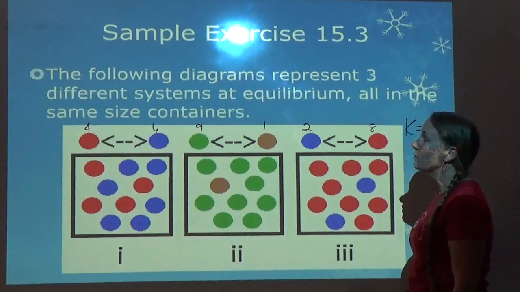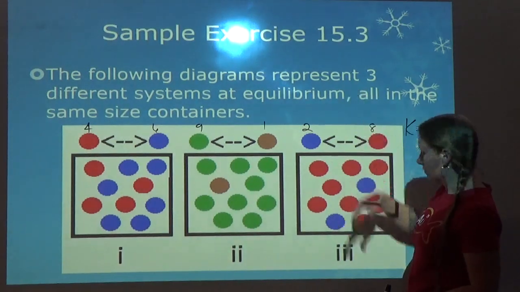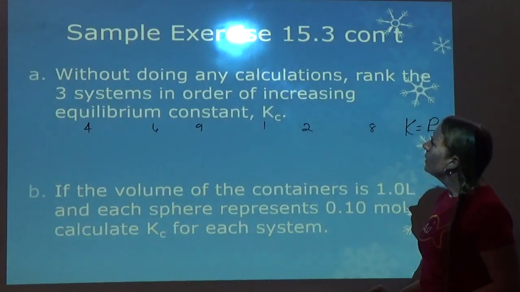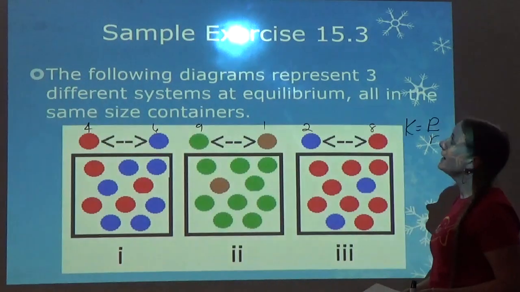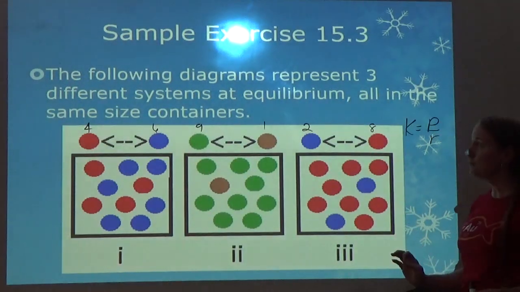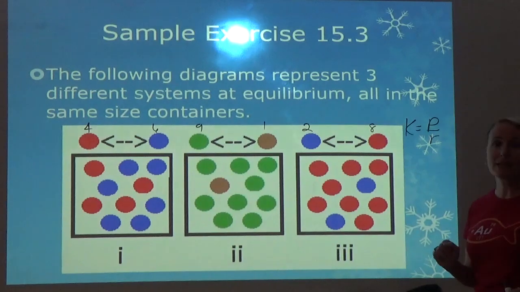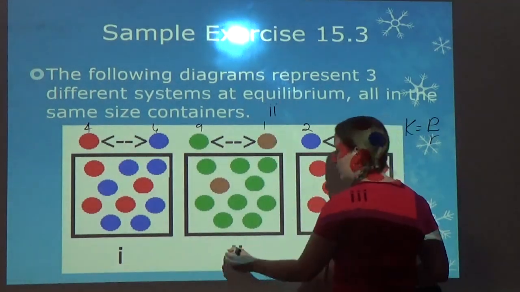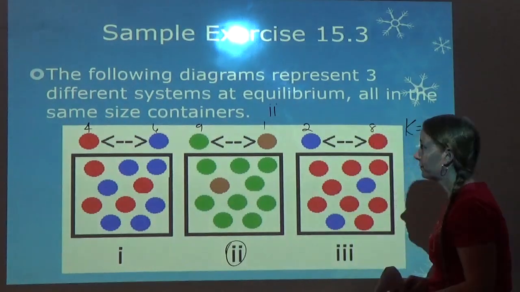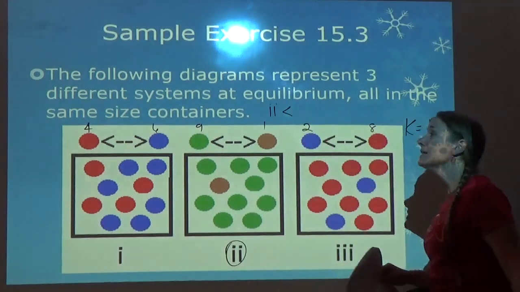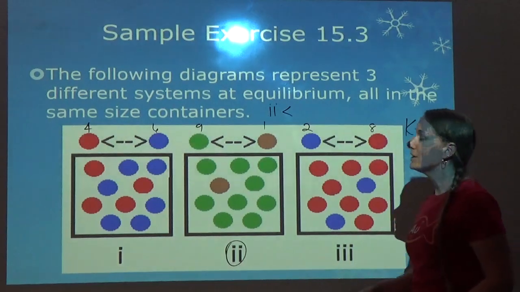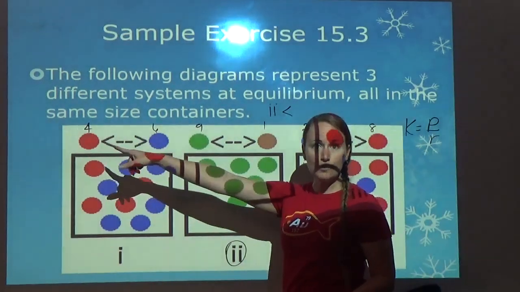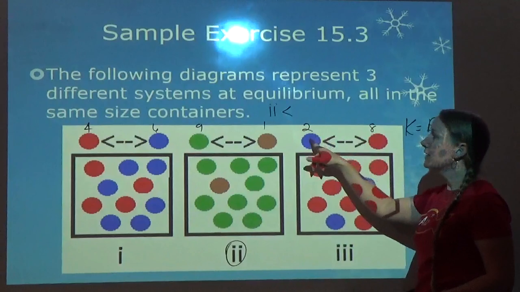What does the question say? Rank in order of increasing K. That means I want the smallest K first. The smallest K is going to have the most reactants, so this one would be the smallest K. Something larger than that would next be this one, 6 over 4, whereas this one would be 8 over 2.